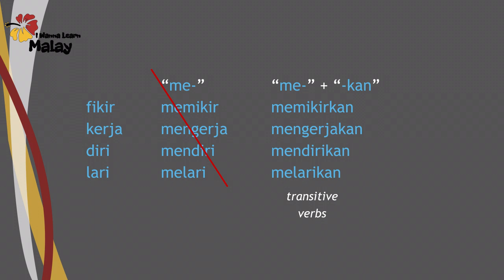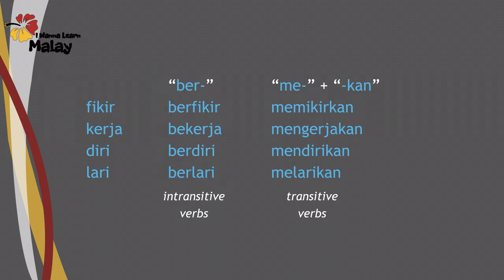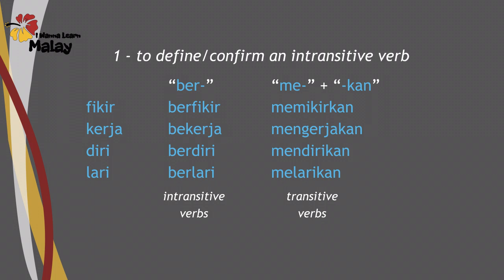So for intransitive verbs, we won't use me, but we use ber prefix. Berfikir, bekerja, berdiri, berlari. So these verbs would not need an object. They can stand on their own, and that's the first usage of the ber prefix.